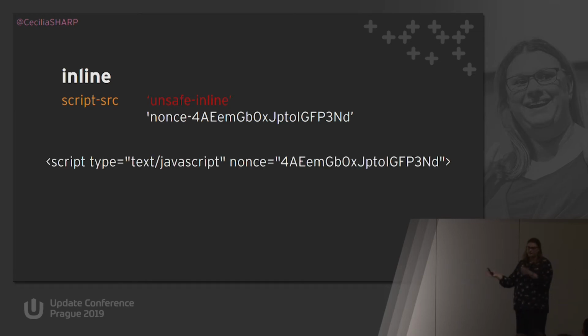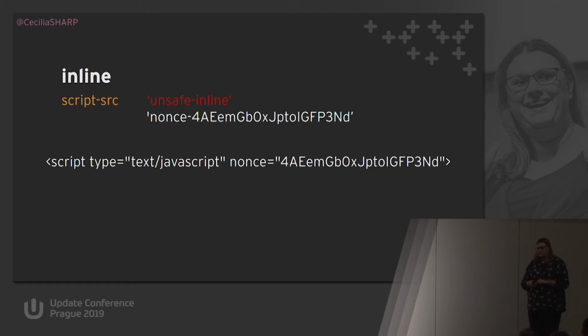So you tag the script with the same nonce as in your rules, and the browser will know that this script is okay. But what you have to do is this needs to not be static. It has to be generated when you call the site, so it will be different every time. Otherwise, it will still be vulnerable.